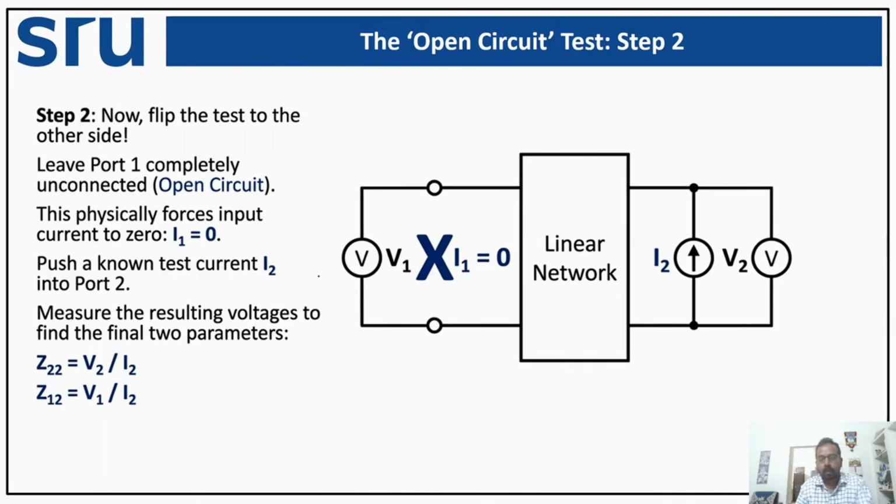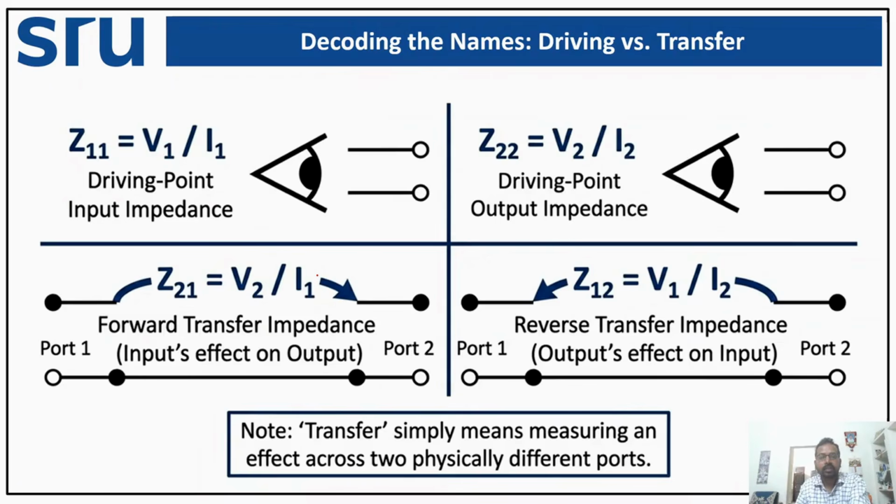Okay. Now let us see the names given to these particular parameters, that is Z11, Z22, Z21 and Z12. So when we are trying to compute our Z11, we are trying to make my I2 port equal to 0. So we are calling it an open circuit.